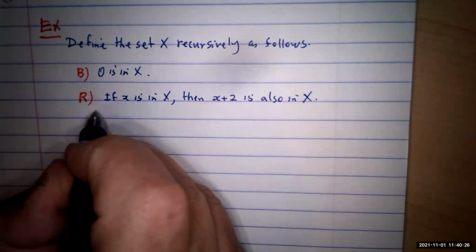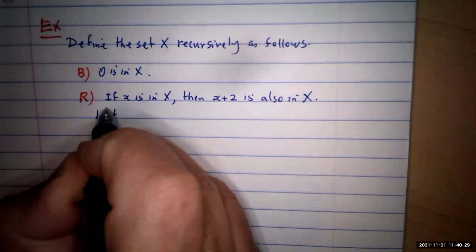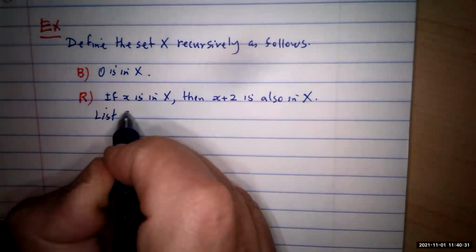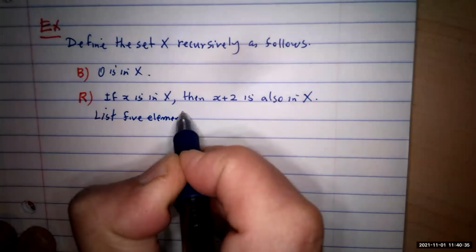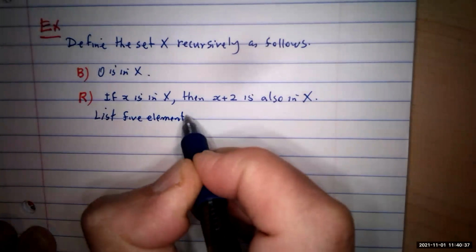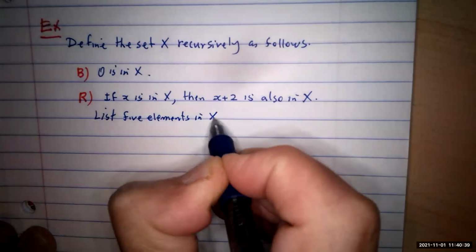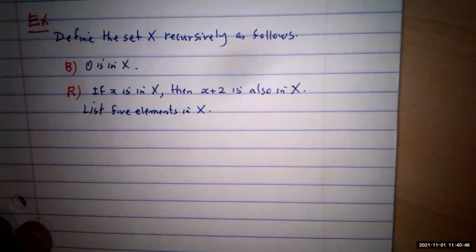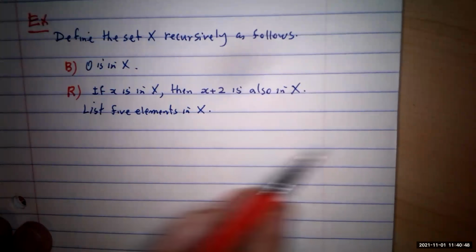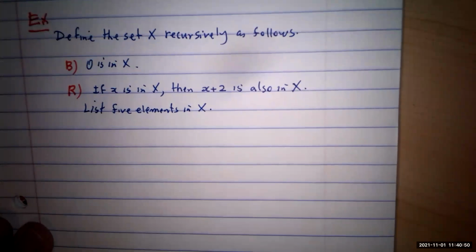They ask you to list 5 elements of X. Again, don't just list 5 elements for us. You have to tell us how you did it.